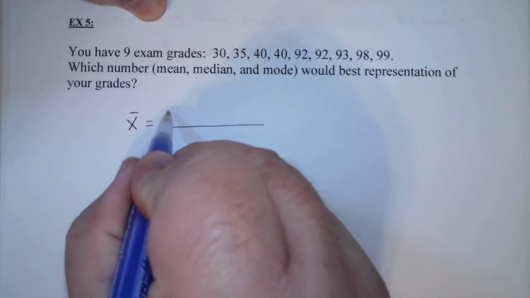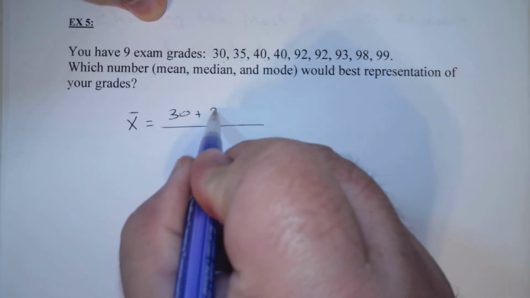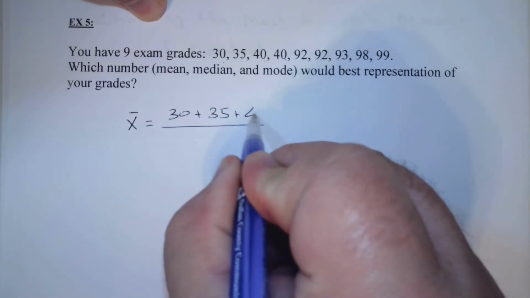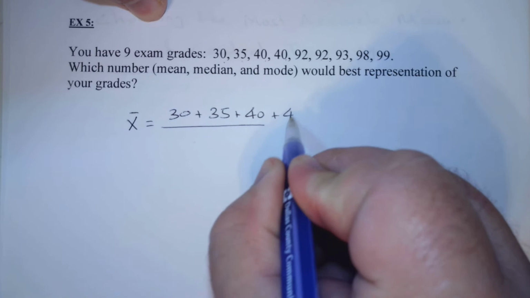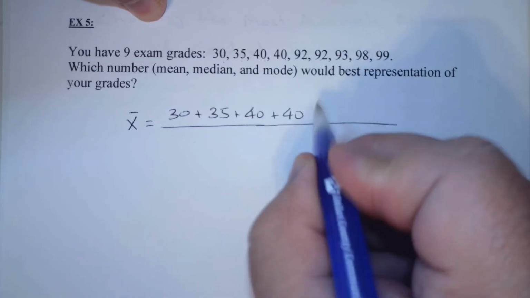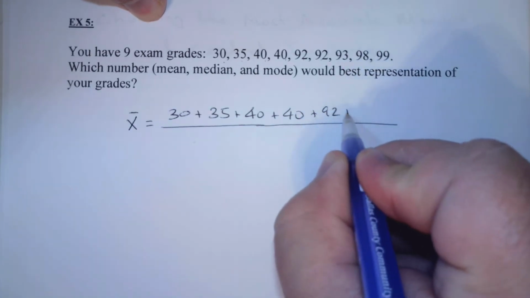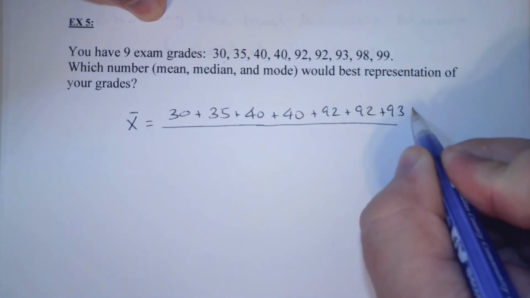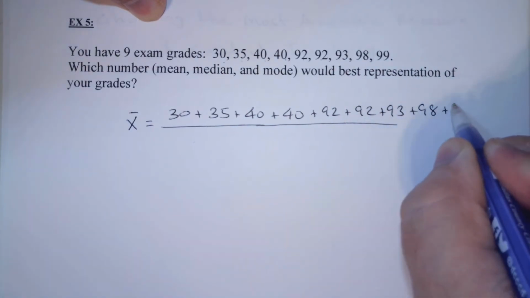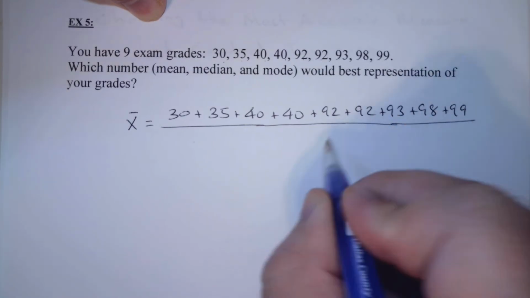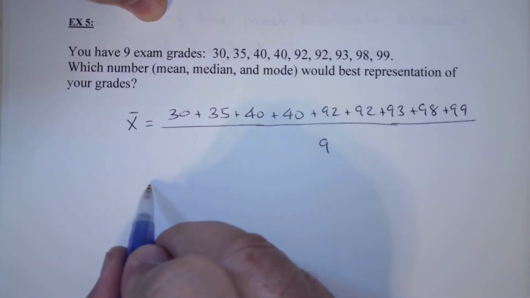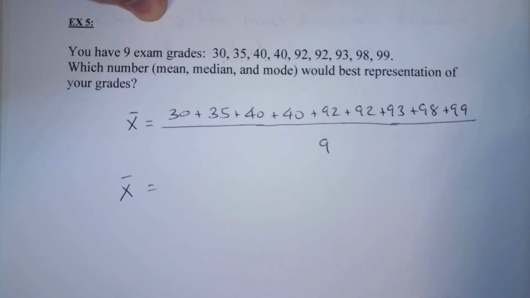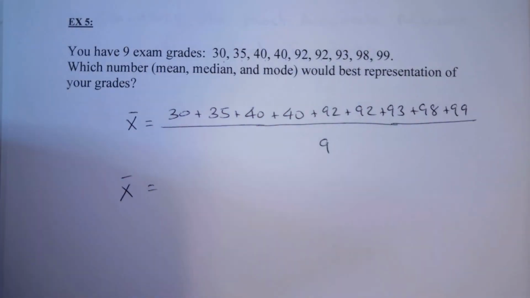The mean would be 30 plus 35 plus 40 plus 40 plus 92 plus 92, 93, 98, 99, since there's 9. Let's see what that's going to be.